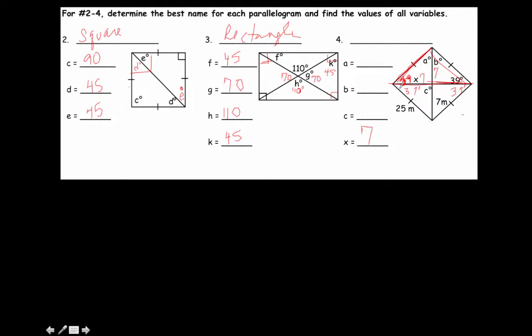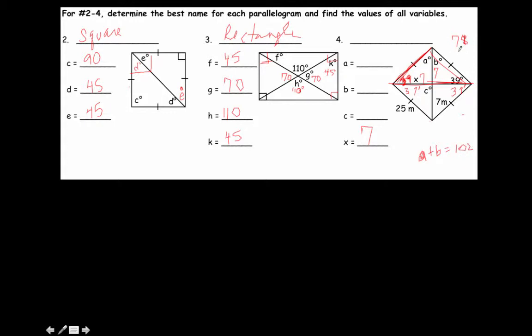So 39 plus 39 is 78, which means A plus B is what remains of the 180, which is 102.